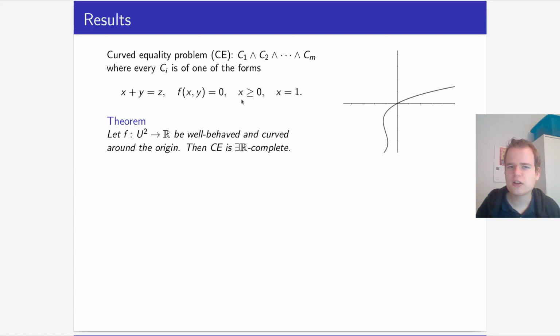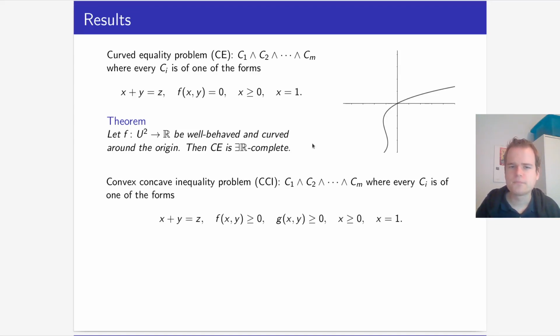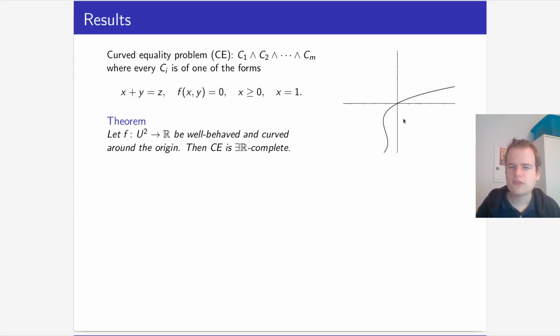In particular, if you look at the 0 set of f, then this should define a smooth curve through the origin. And furthermore, we need this curvature in the origin to be non-zero. So this is what we mean by curved. So in a sense, it should be sufficiently nonlinear. And we show that if these properties are satisfied, then our problem is ER-complete.